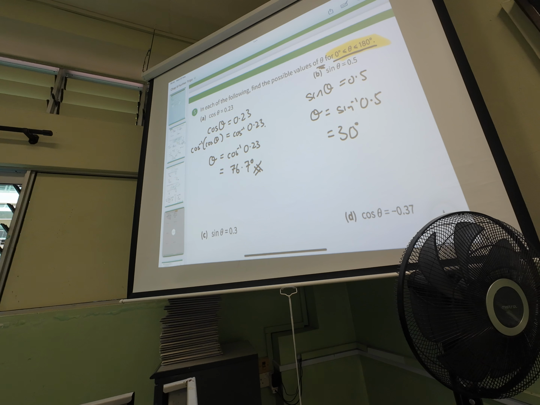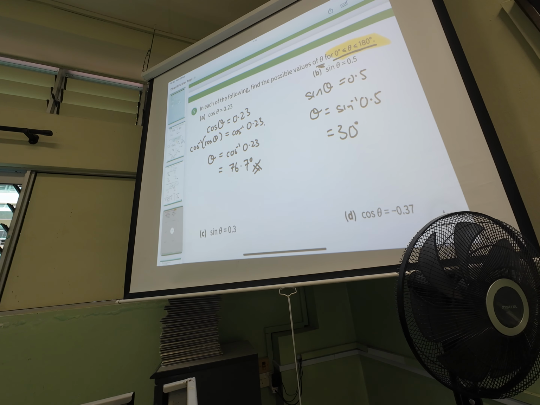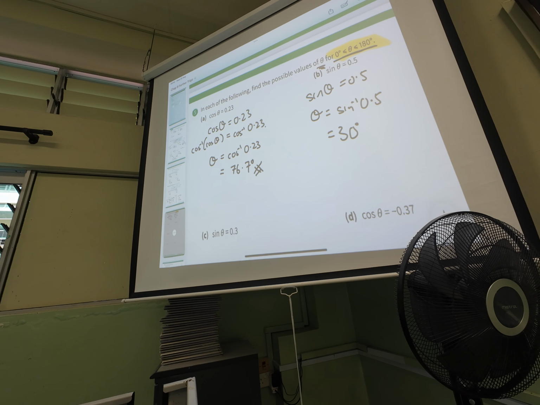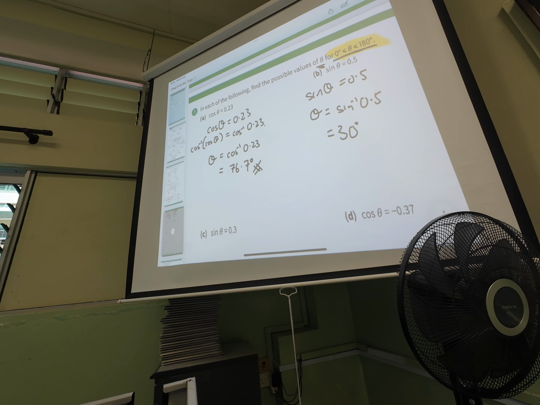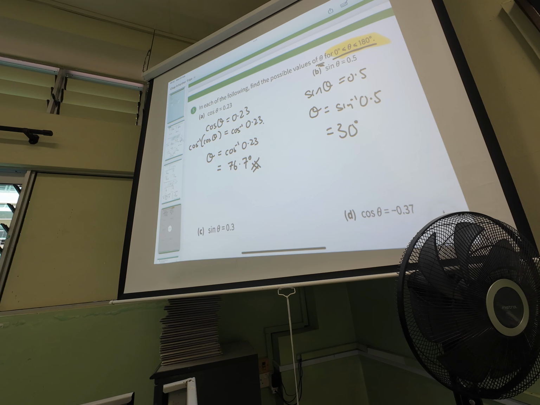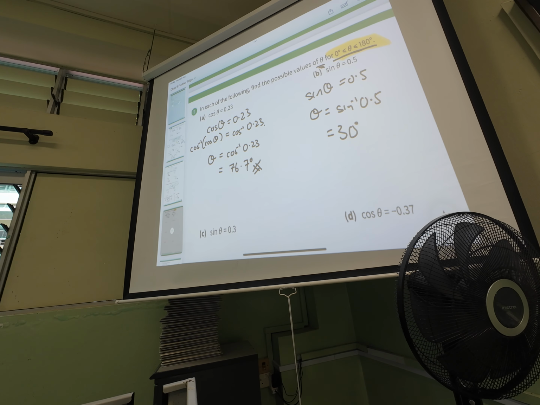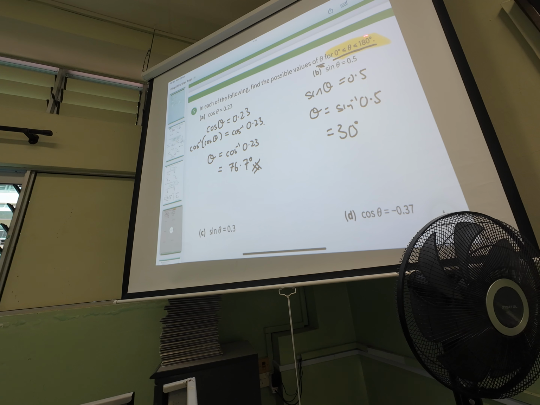But if you only write 30 degrees, you will only get half the marks from the question. If the question is 2 marks but you only answer 30, you will only get 1 mark. Because they want all the possible positive values between 0 and 180.